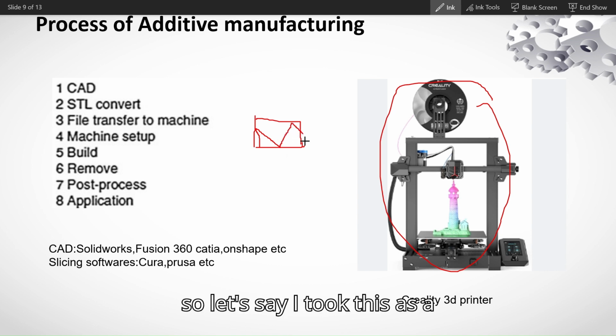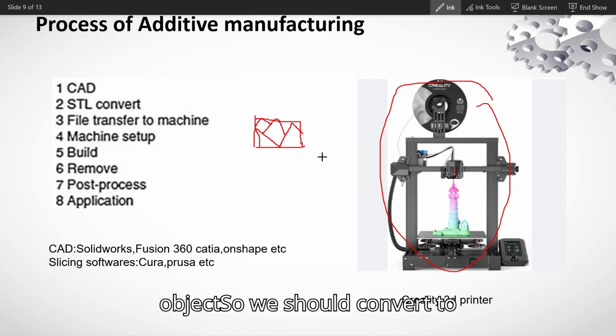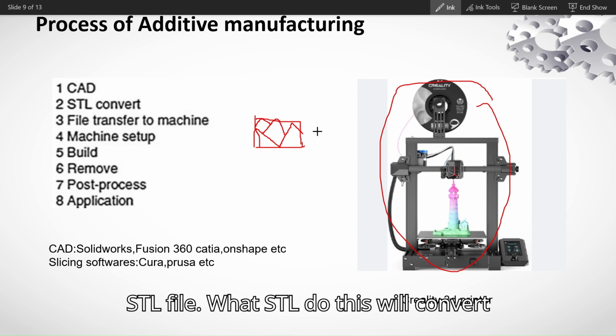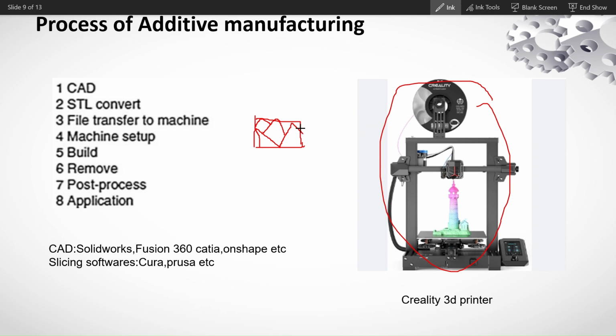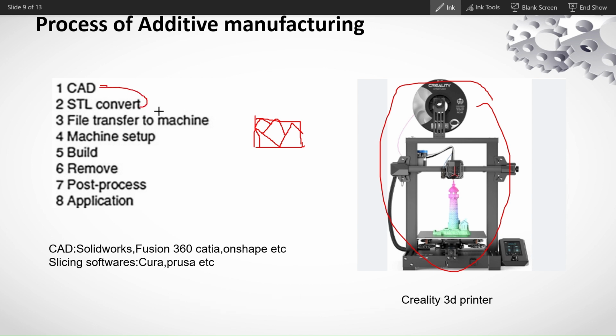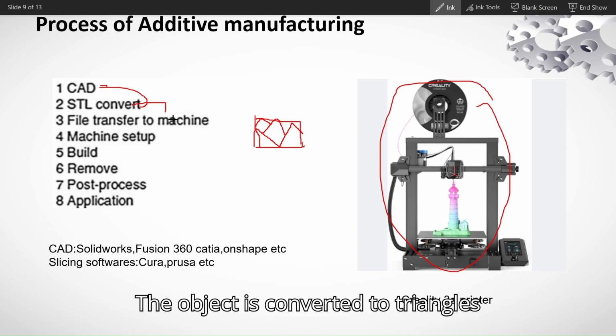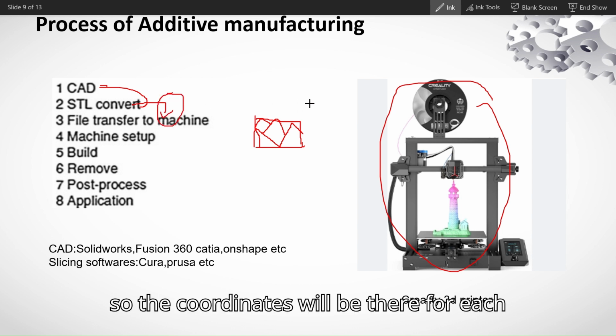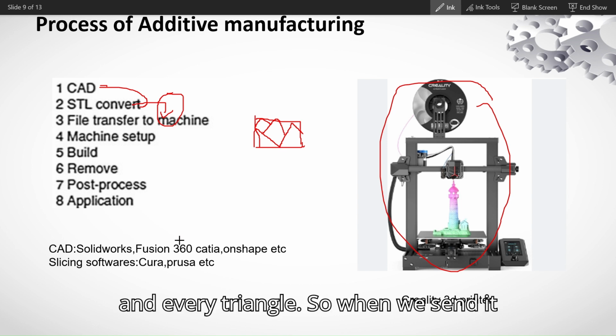So let's say I took this as an object. We should convert it to an STL file. What STL does is convert the object into triangles, a large number of triangles. The object is converted to triangles, so the coordinates will be there for each and every triangle.